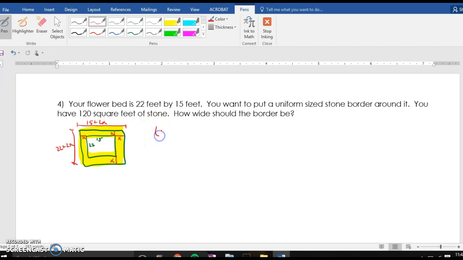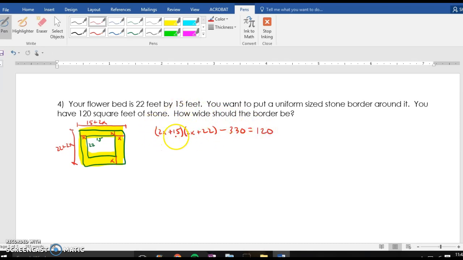So the area of that is, and I'm going to just write it in order that makes sense, (2x plus 15)(2x plus 22), right? But then when I subtract the area of the inside, the area of that inside is 22 times 15 is 330. So we subtract that 330, and that should equal the square footage of stone I have, which is 120.